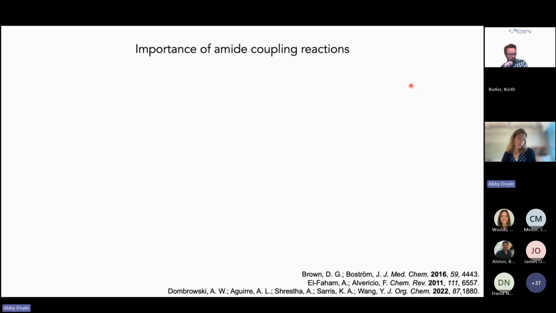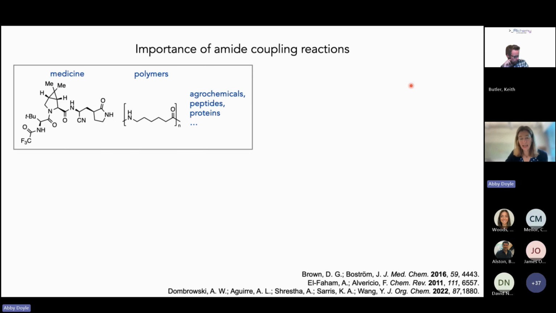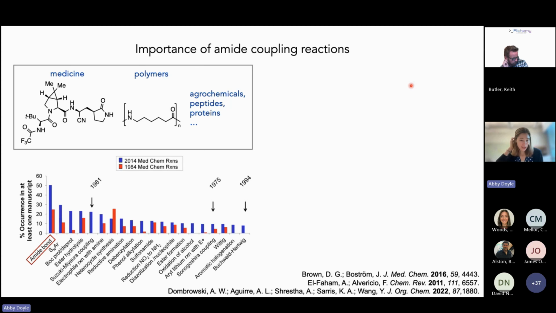Okay, so I'm going to show you one real-world application of this in the context of amide coupling reactions. I'm not going to spend too much time on the background here, but amide couplings are one of the most important reactions in medicinal chemistry. It's shown in this survey from 2014, so a long time ago now, but at that time it was the most frequently used bond-forming reaction in med chem.